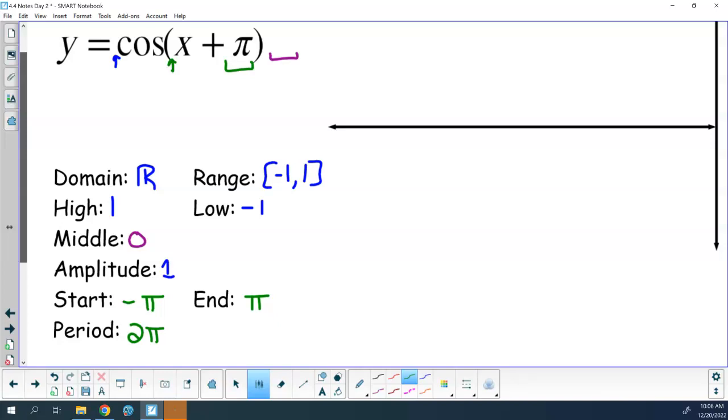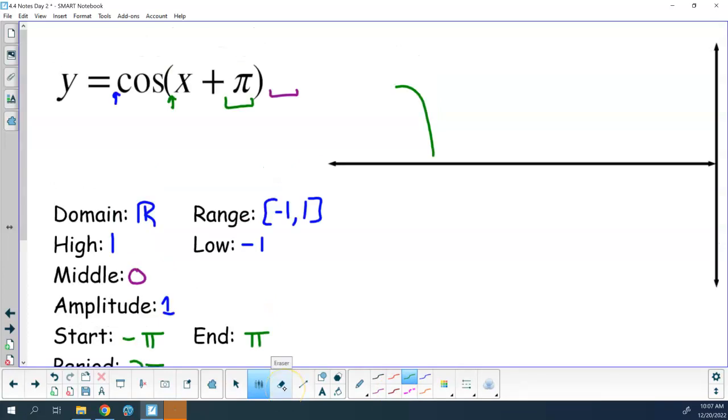Cosine curve with a positive a value means that I start up high. Oh, got fixed. We did not erase very good.